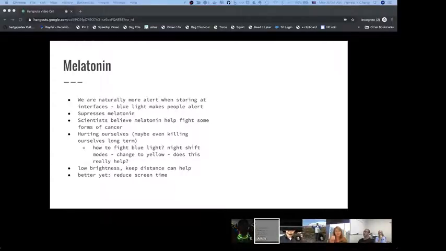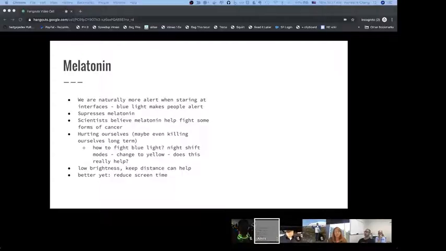And apparently it also helps fight some forms of cancer. And we are hurting ourselves, maybe even killing ourselves long-term due to prolonged use of screens and exposure to blue light. So how do you fight blue light?